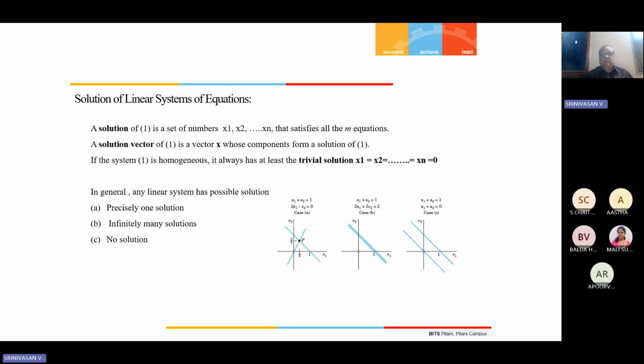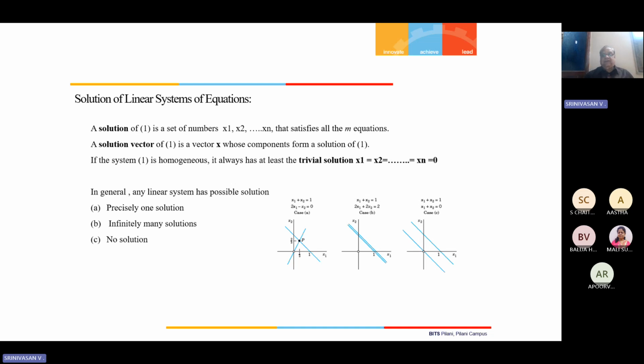You have 3x1 equal to 1, so x1 equal to 1 by 3. If you substitute x1 equal to 1 by 3, you get x2 equal to 2 by 3. Therefore, the two straight lines intersect at (1 by 3, 2 by 3). That is the only solution, the unique solution.